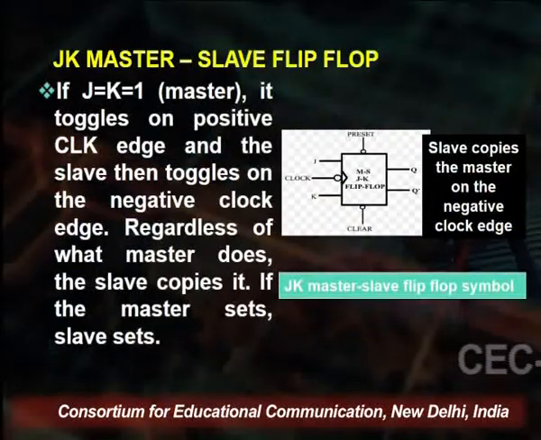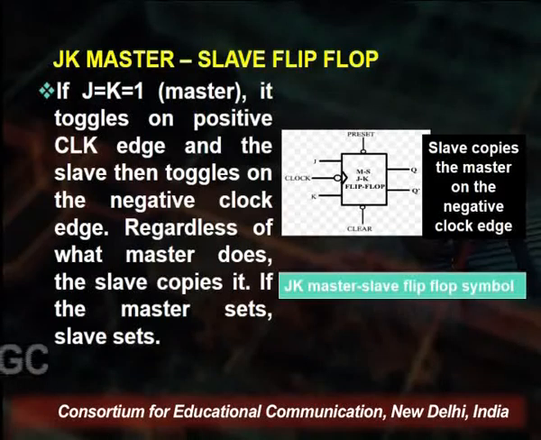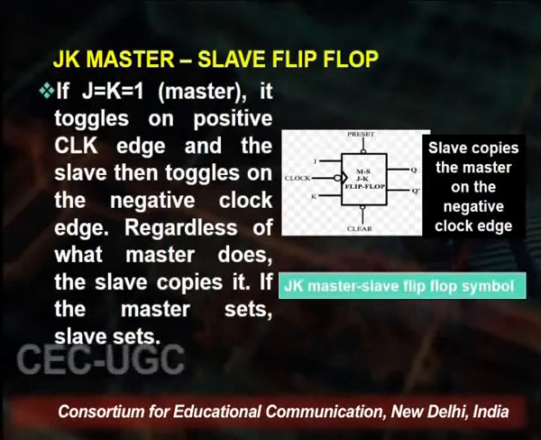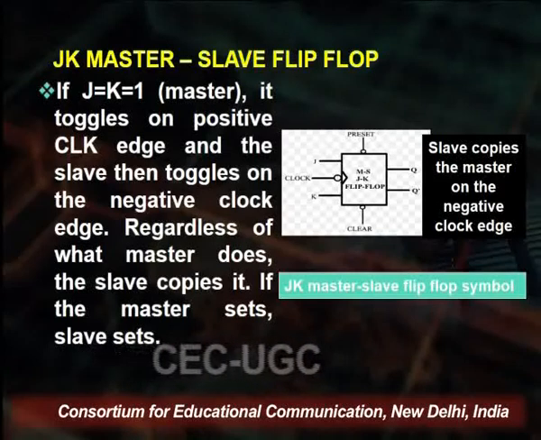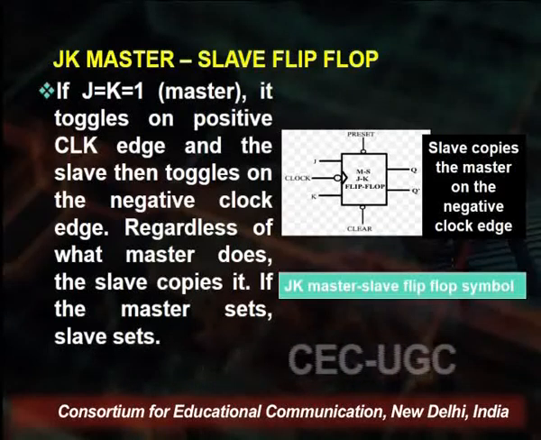So we will discuss this one further, and we find that when J equal to 0 and K equal to 1, then the master is reset, Q is 0 at the positive clock edge, and at negative clock edge, slave is reset, giving Q equal to 0 finally. When J equal to K equal to 1, then the master toggles on positive clock edge and the slave toggles on the negative clock edge.